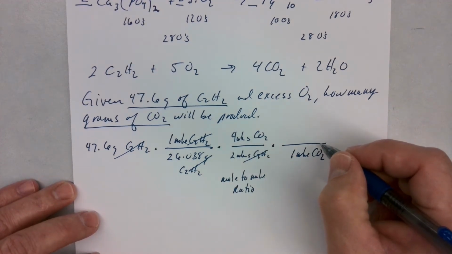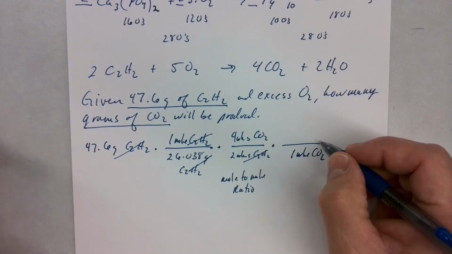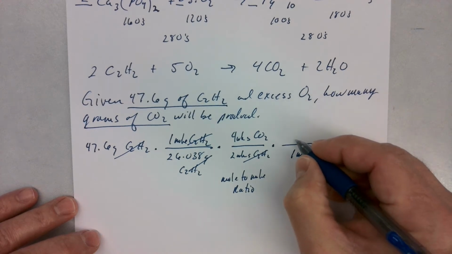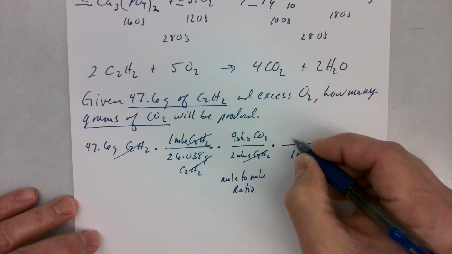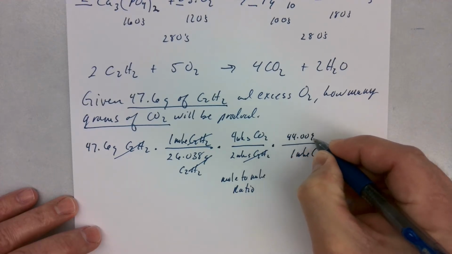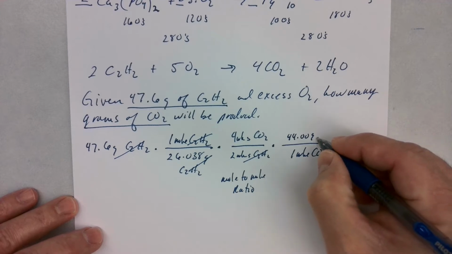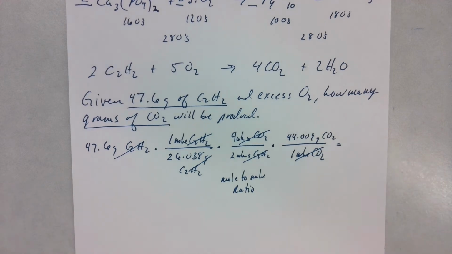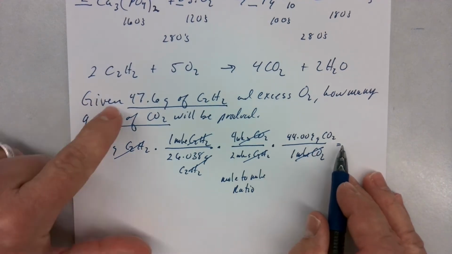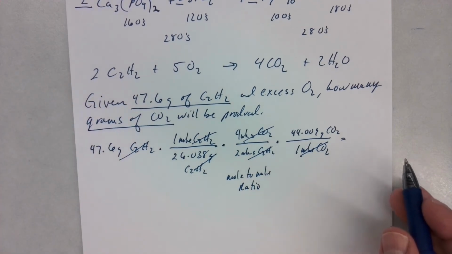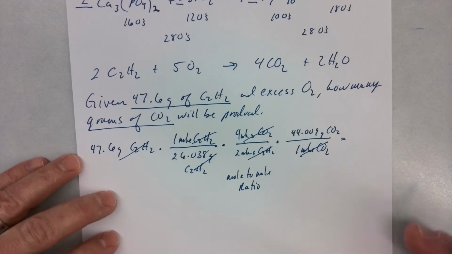It's molar mass, right? But now I'm doing the molar mass of CO2, which is 44.009. Yeah? Grams of CO2. So my moles of CO2 reduce out. The only units I have left are grams of CO2, which is what it wanted me to find, right? Now, everybody do the math. And I need someone to tell me the answer.